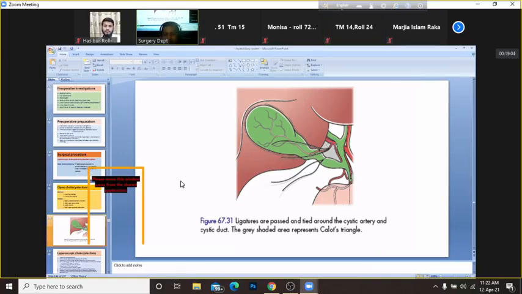And this is being traversed by the cystic artery, that is a branch from the right hepatic artery that supplies the gallbladder.